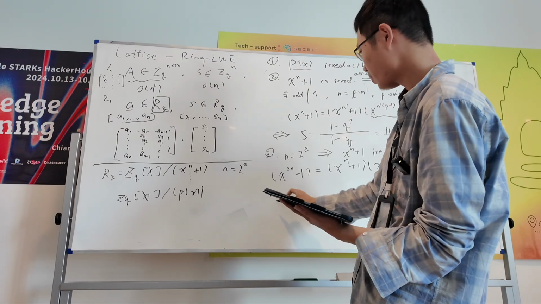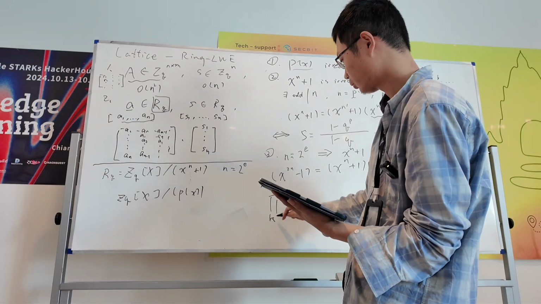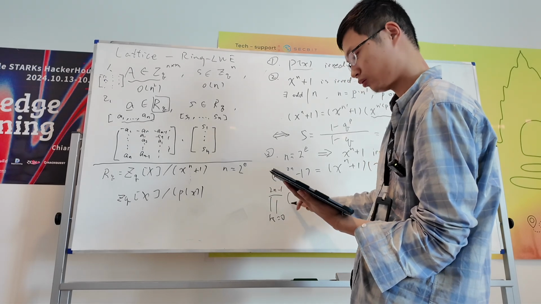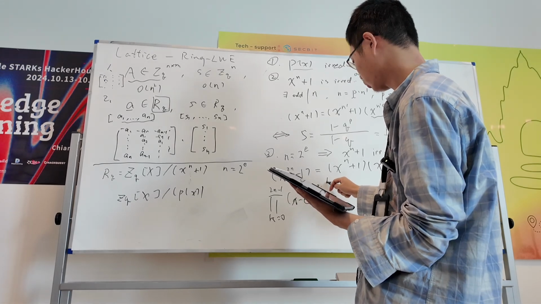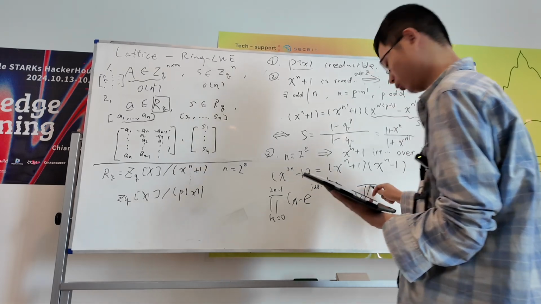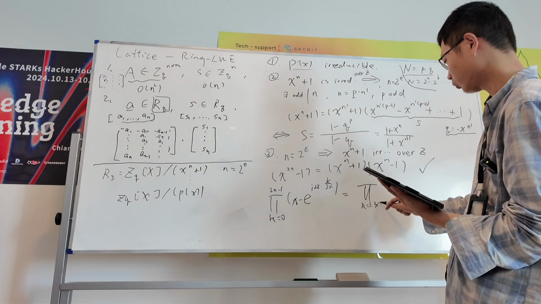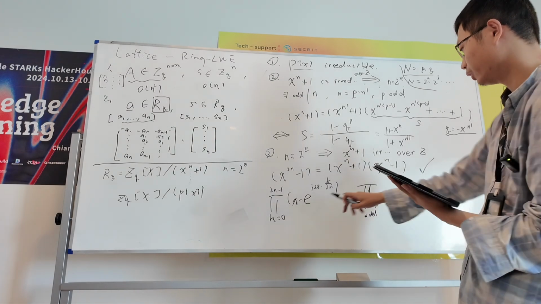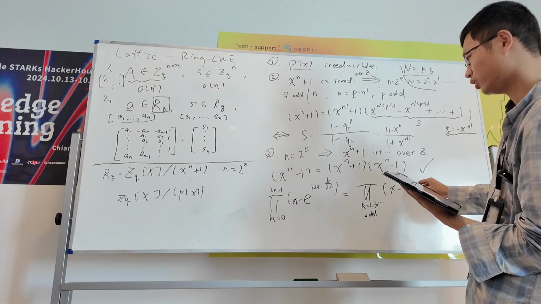And secondly, here k is an odd number, so we split this into odd and even parts.